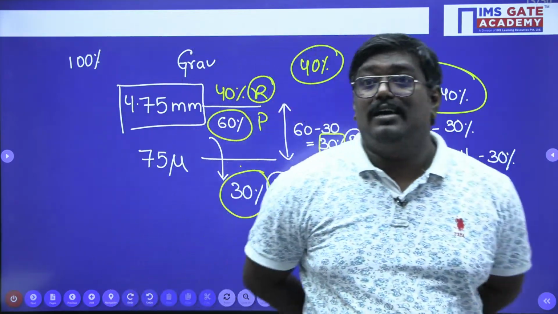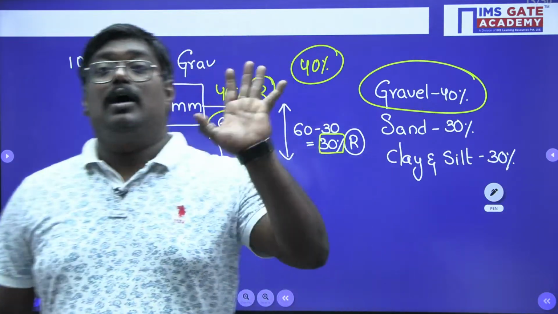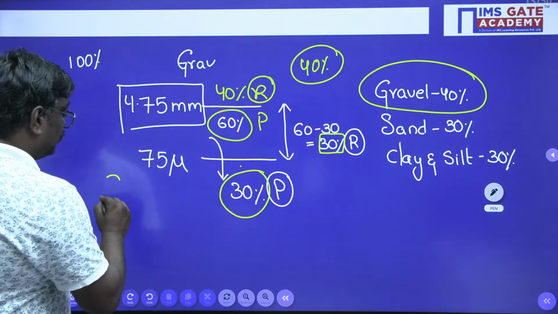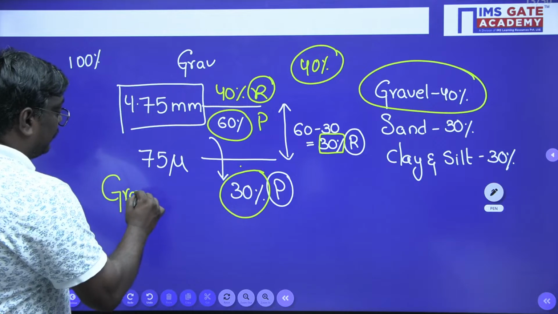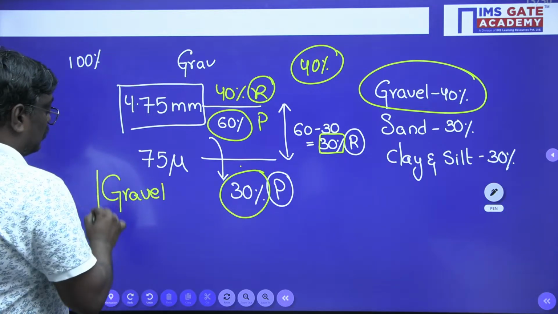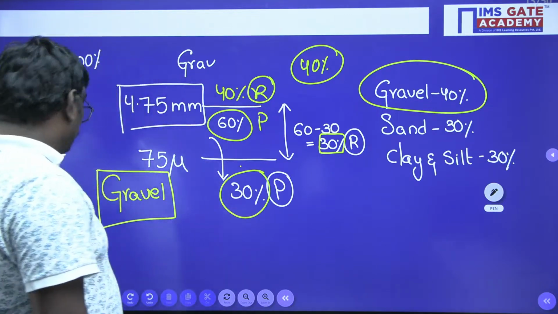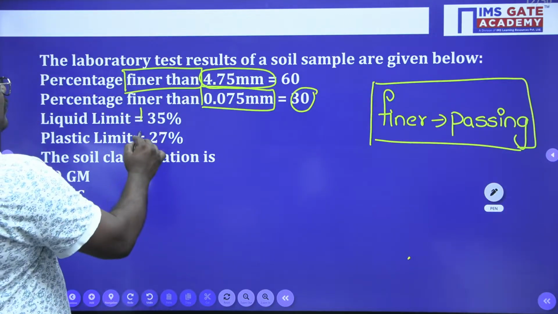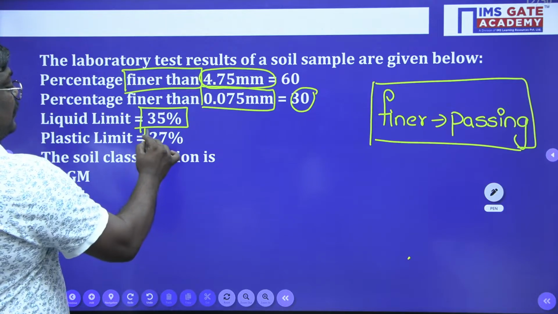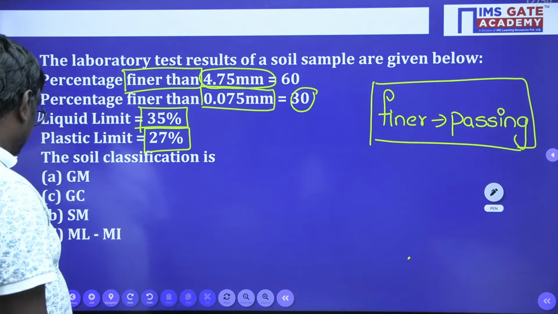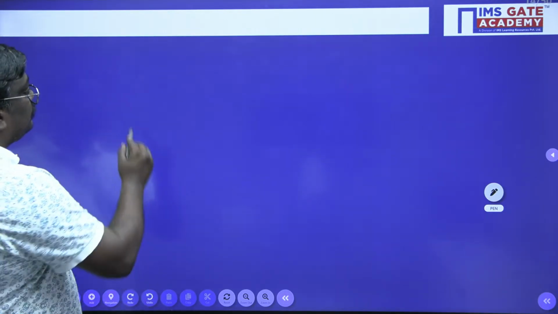So here, first thing, we are coming to a conclusion that it should be gravel, because 40% is gravel. Agree, students? Now, they have given you the liquid limit, that is 35%, and plastic limit is 27%. So let us see.